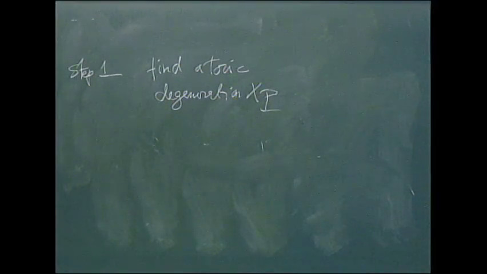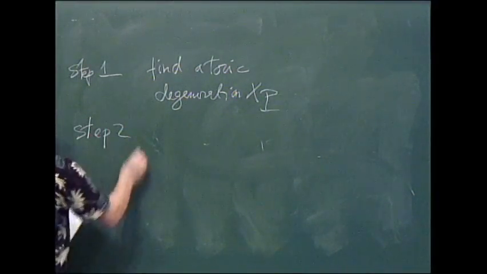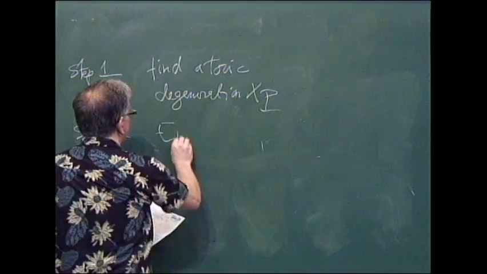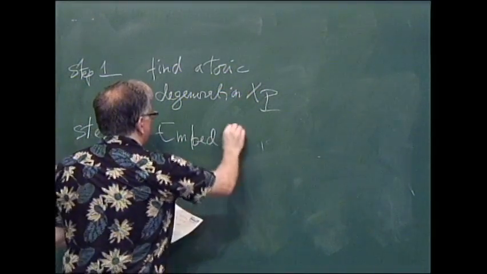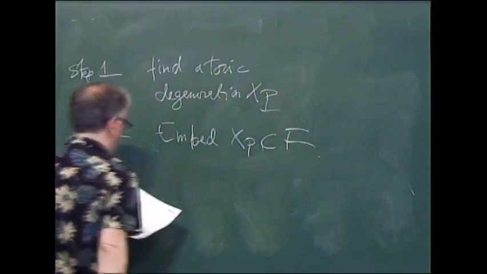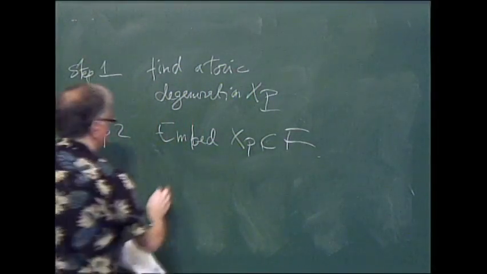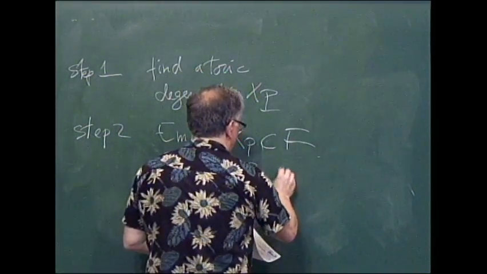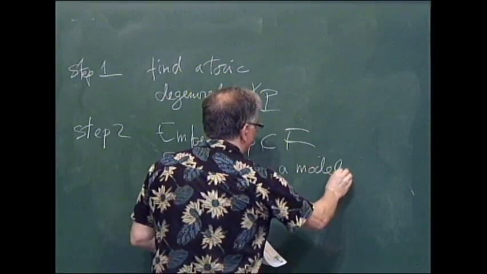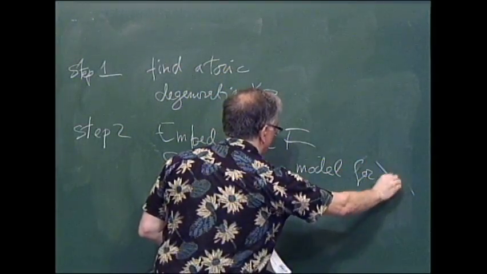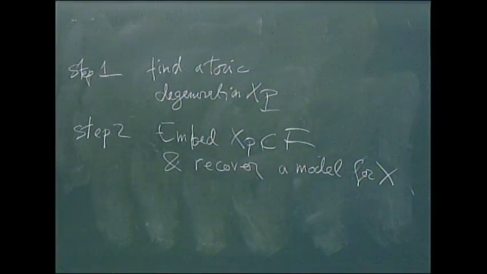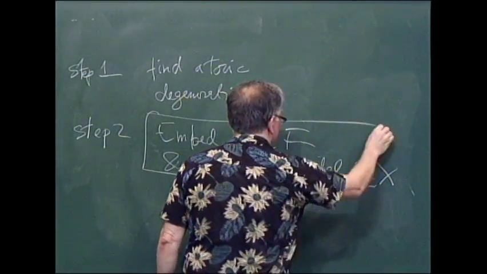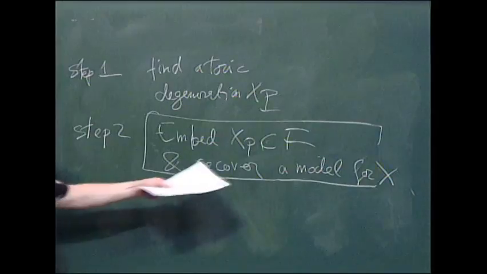And step 2, embed X_P in a bigger toric variety and use that to recover X, a new model for X. This is the bit that's about the title of this talk: embedding a toric variety in a toric variety. Here, F will be a bigger toric variety.